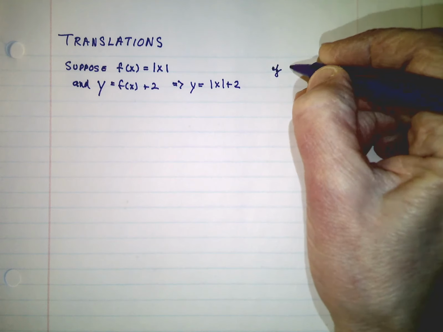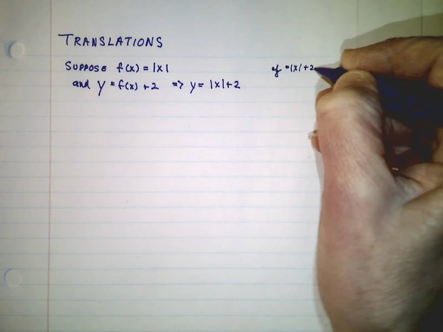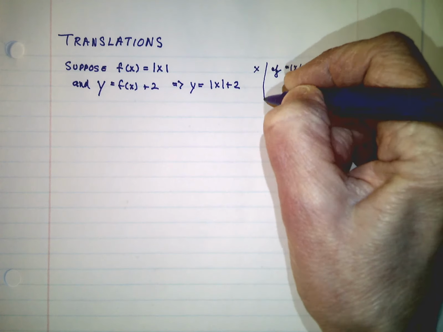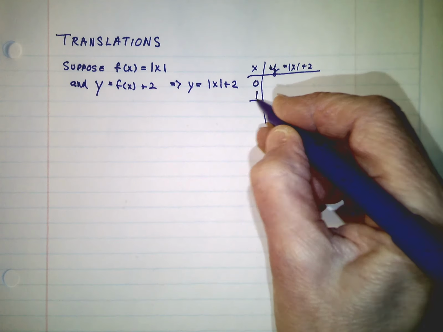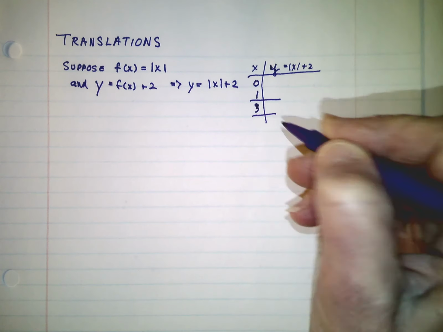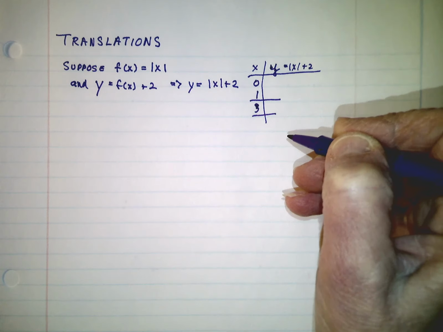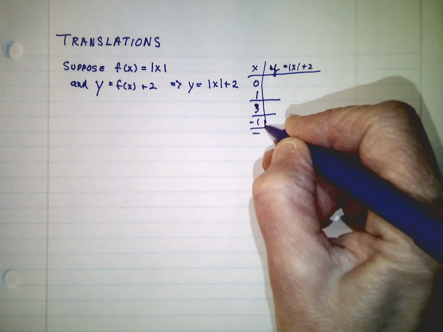So if we have y equals absolute value of x plus 2, and we have x, we make ourselves a little table, and we put in a 0, and a 1, and a 3, and a negative 1, and negative 2.